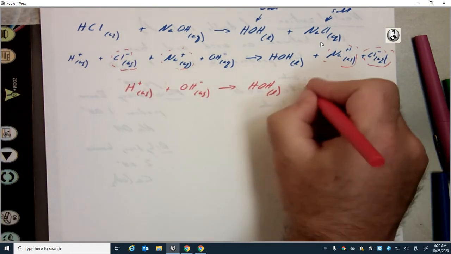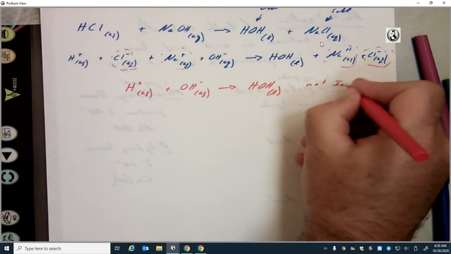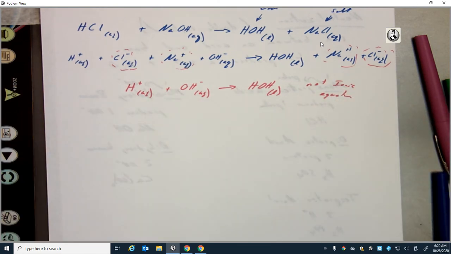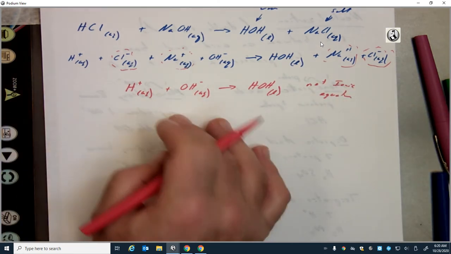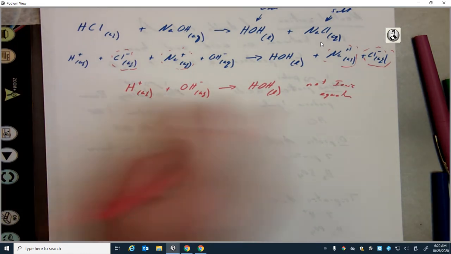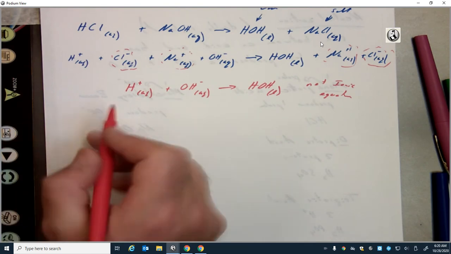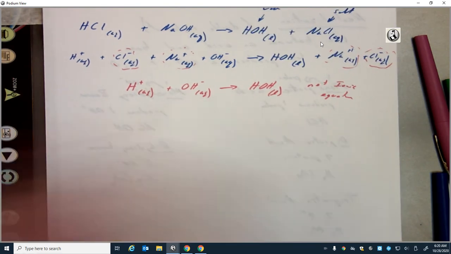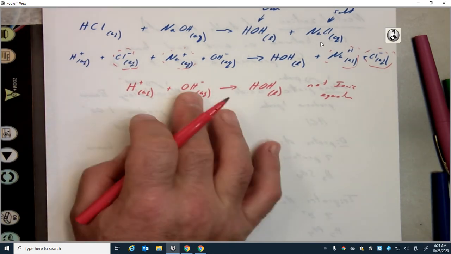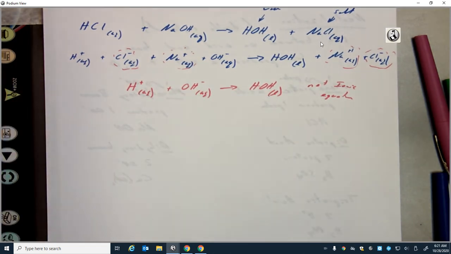Right, so this is my net ionic equation for neutralization. Now, if you have a di or triprotic acid or a dihydroxy base, it changes your coefficients a little, but it still has the same basic structure. You get this H plus OH producing just water.